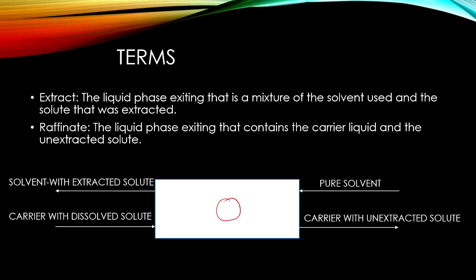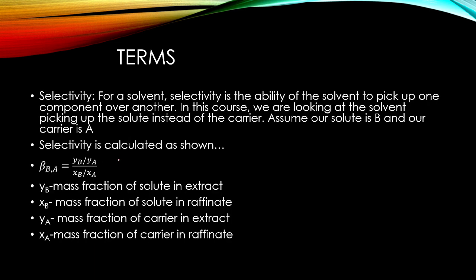So the solvent will come out with some amount of extracted solute, and the carrier will come out with the rest of the solutes that did not get extracted, right? So this becomes the raffinate stream, and then this stream up here becomes the extract stream.